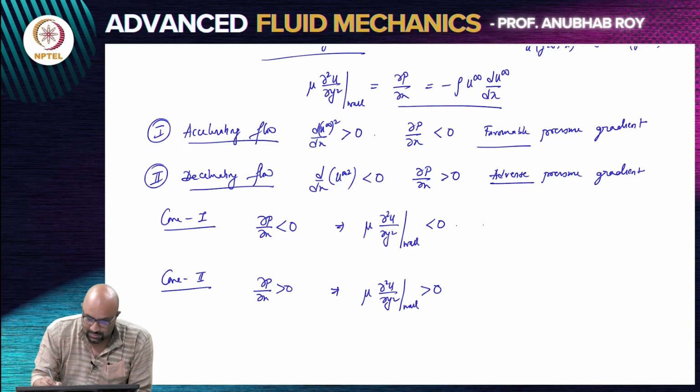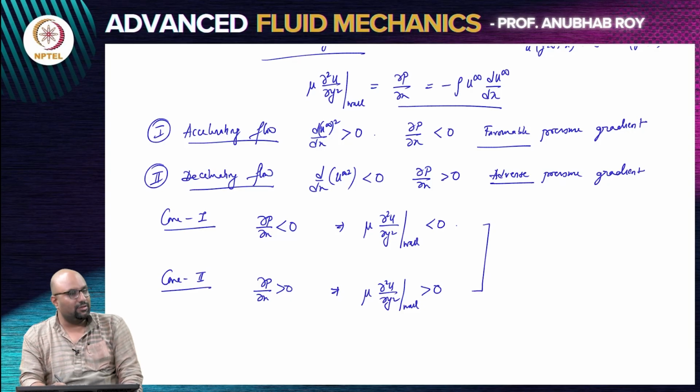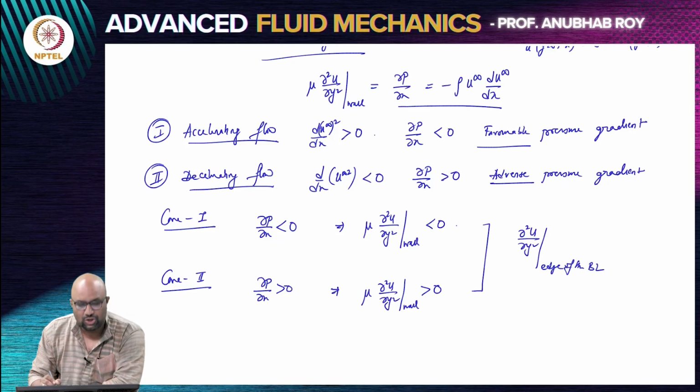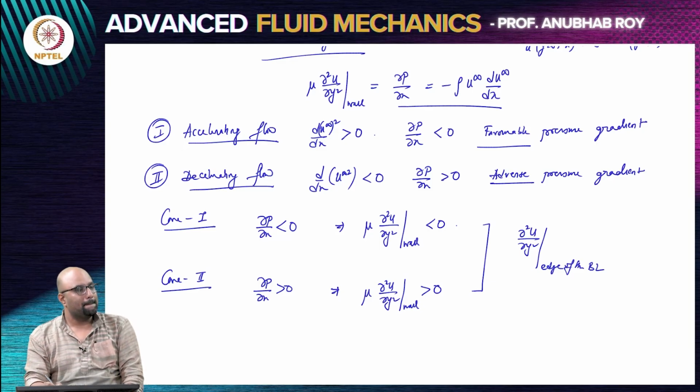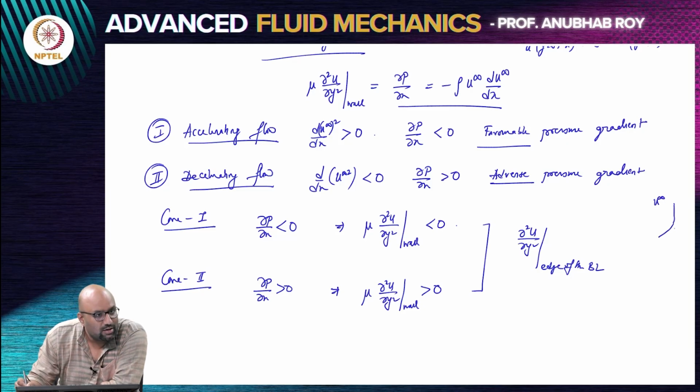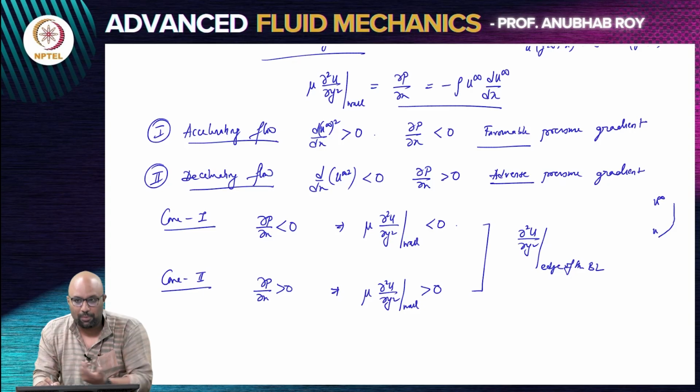Now the reason this becomes important is in either of these two problems, ∂²u/∂y² at the edge of the boundary layer, what should the sign be? So think of this, at the edge of the boundary layer there is a u infinity and the boundary layer velocity is smoothly transitioning to the external stream, which means the slope vanishes.